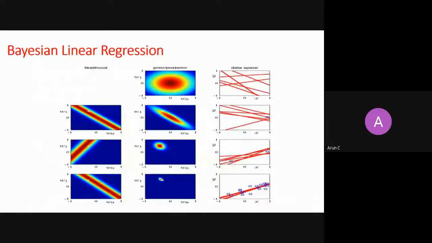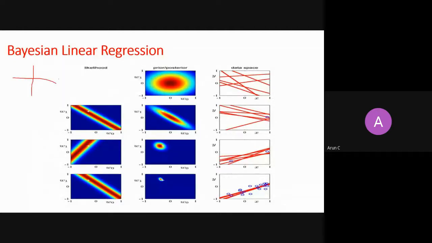Okay, then we were discussing Bayesian linear regression, which is the topic for today's class. I just want you to get very deep into this discussion so that it makes sense to you. First, as I told you in my last class, there are two spaces. One is a parametric space.